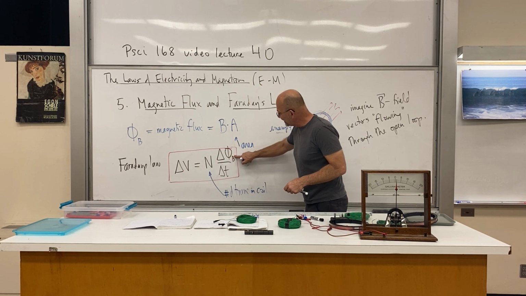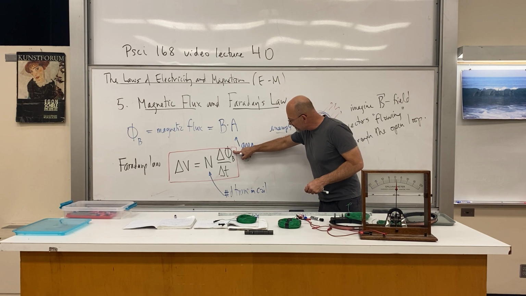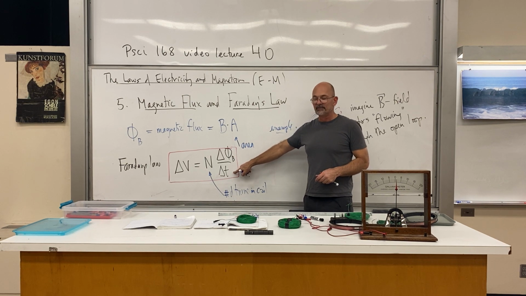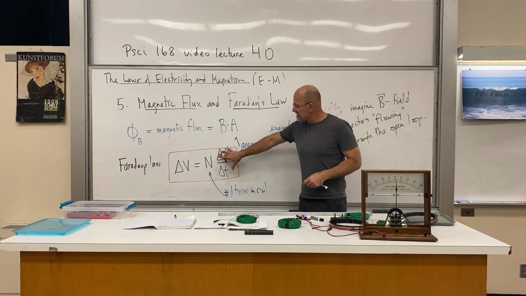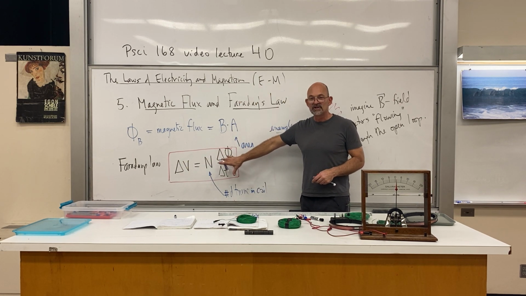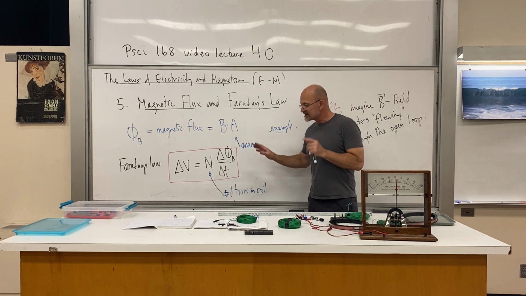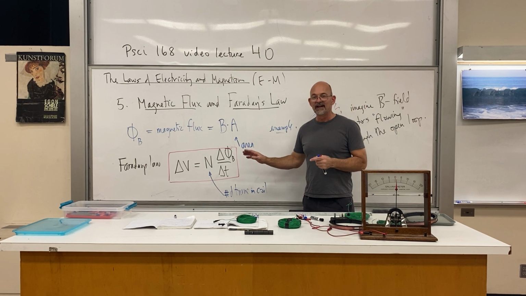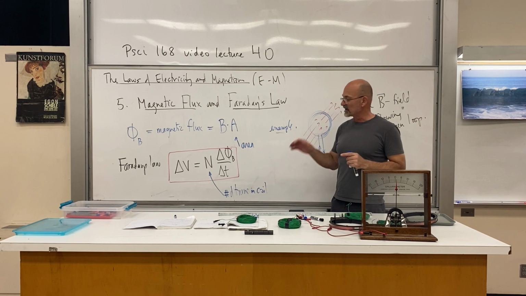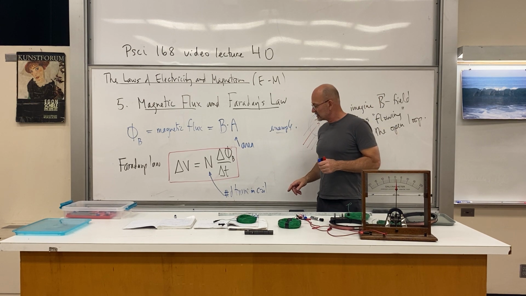This delta phi over delta T, that's the change of the flux with respect to time. If the flux doesn't change, we get nothing. If the flux does change, we get a voltage. So this is the key to large-scale power generation with electricity. We don't use a battery, we don't use a capacitor.